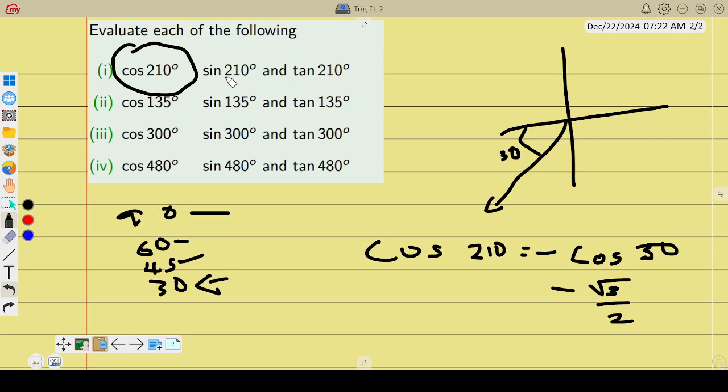And then sin 210. I want you to do this and that. Remember, practice makes perfect. You can get it wrong, but that will be the lesson you learn from. So work out these two. I've already answered this one just here. You can also go the extra mile. While you still have time, answer this as well.